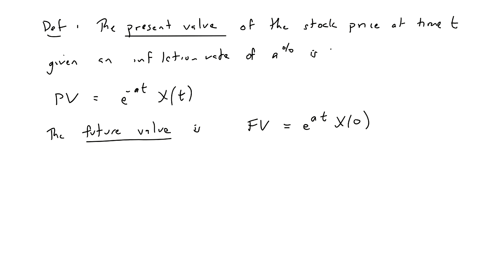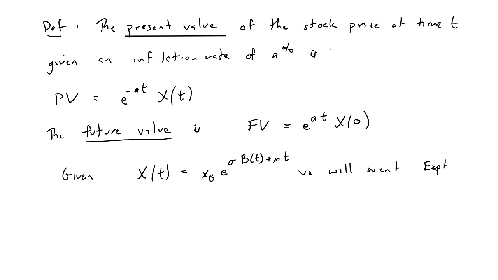Because we're doing normal things with the normal distribution, we know we're going to want the expected value.